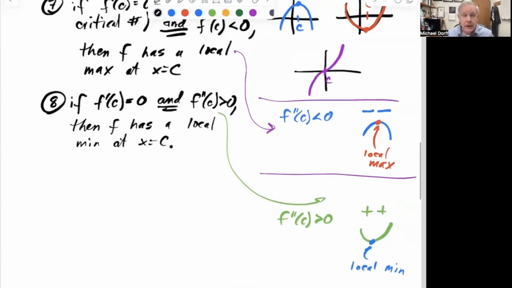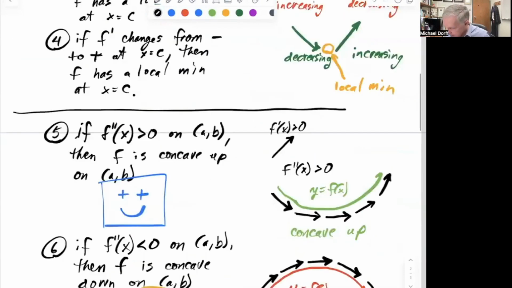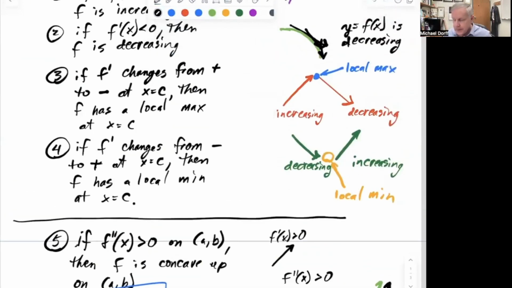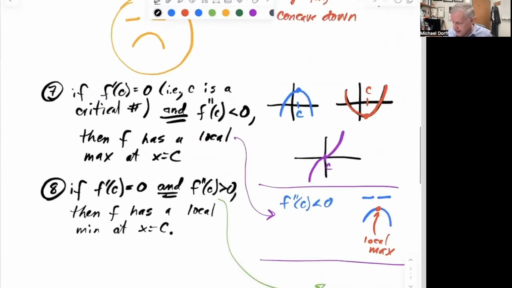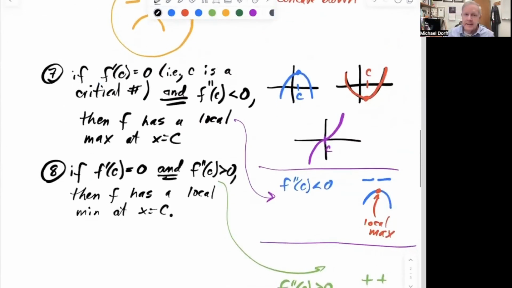So there's really two ways that you can find whether a function has a local min or max. You can do the first way that we talked about earlier in 3 and 4: if the first derivative is positive and then goes negative, so it's increasing and then decreasing, then it has a local max. But you can also do what we just did here in 7: if the first derivative is equal to 0 at a point and the second derivative is less than 0, then it's going to have a local max.